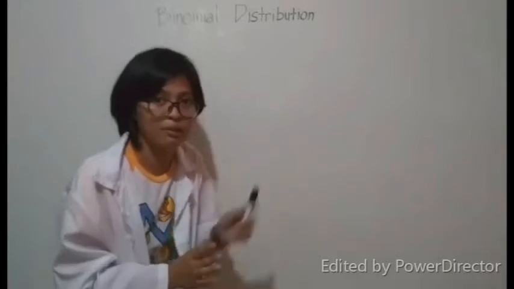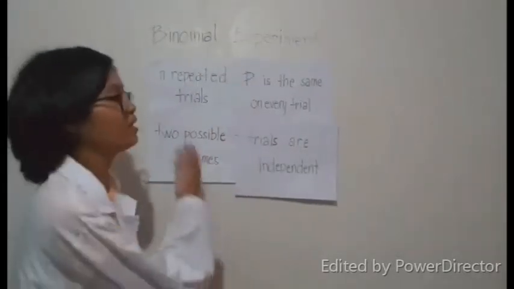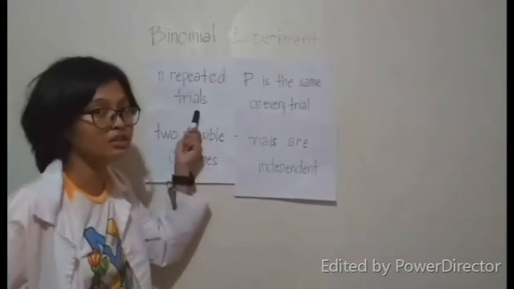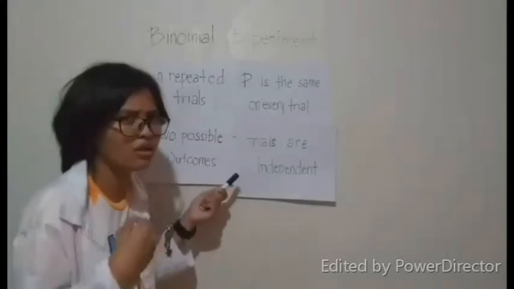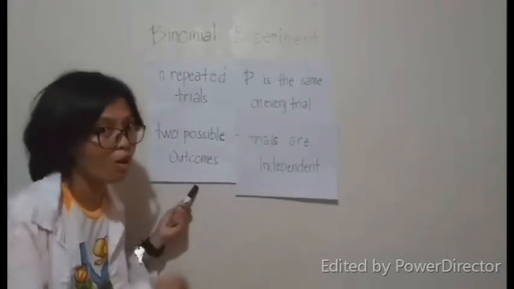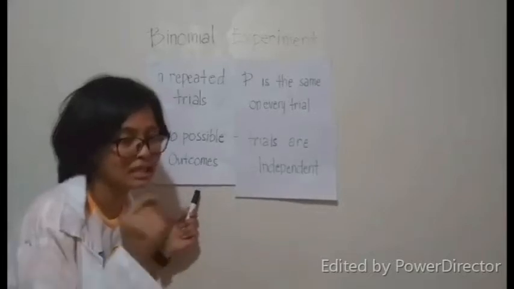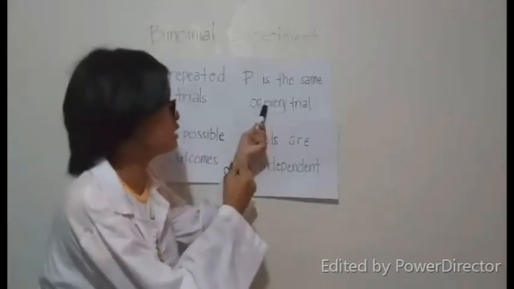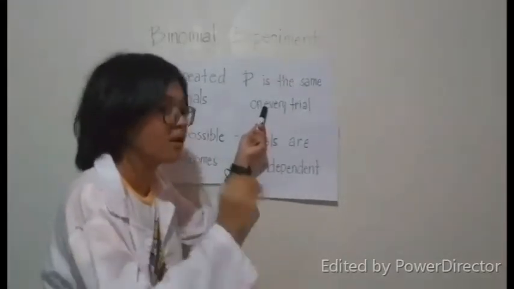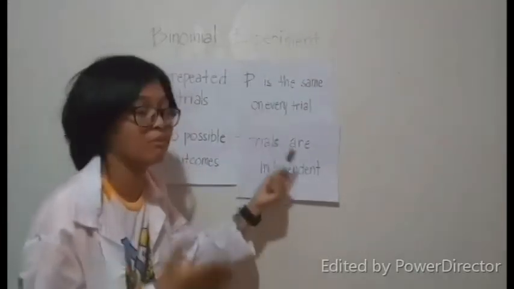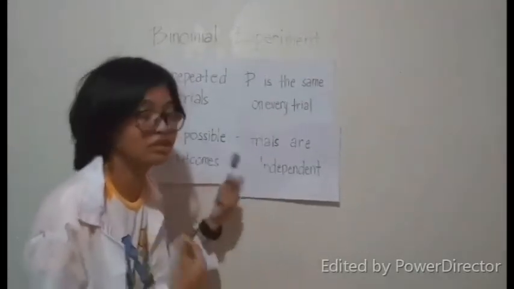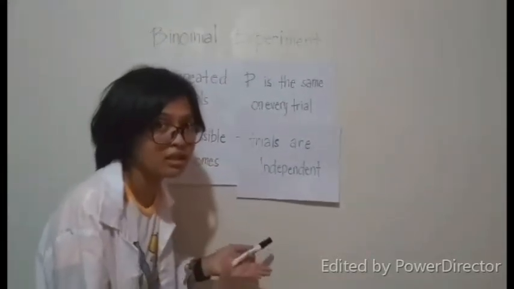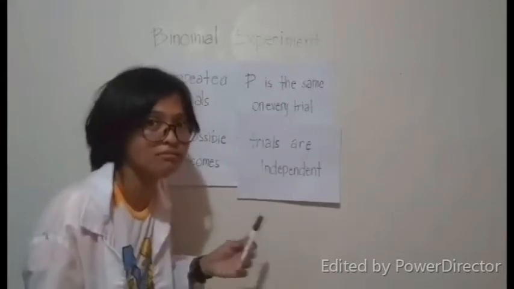A binomial experiment is a statistical experiment that consists of n repeated trials, and each trial can only result in two possible outcomes. One of these outcomes we call a success, and the other a failure. The probability of success, P, is the same in every trial. And lastly, the trials are independent. That means that the outcome of one trial doesn't affect the outcome of other trials.